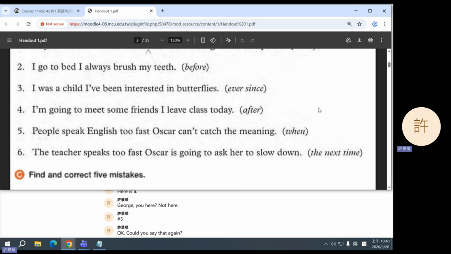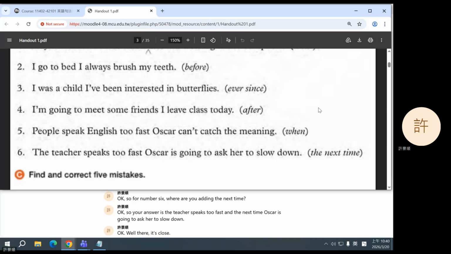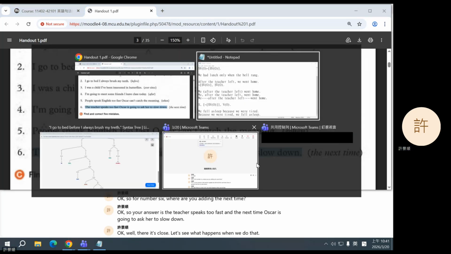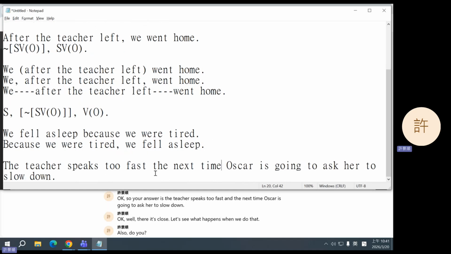Oscar is going to go back. Okay, so for number 6, where are you adding the next time? Okay, so your answer is the teacher speaks too fast, and the next time Oscar is going to ask her to slow down. Okay, well, it's close. Let's see what happens when we do that. Also, do you want to add like a comma or a period somewhere?